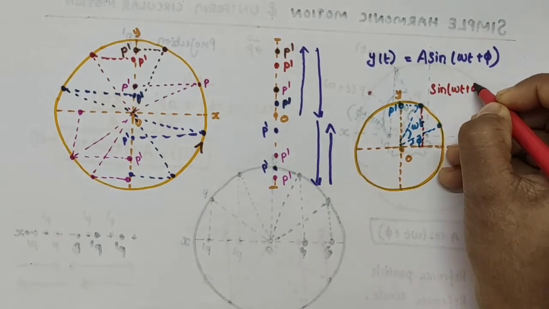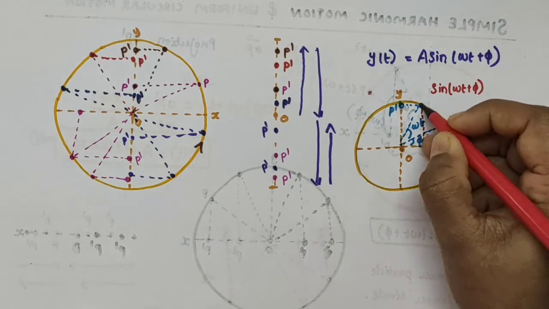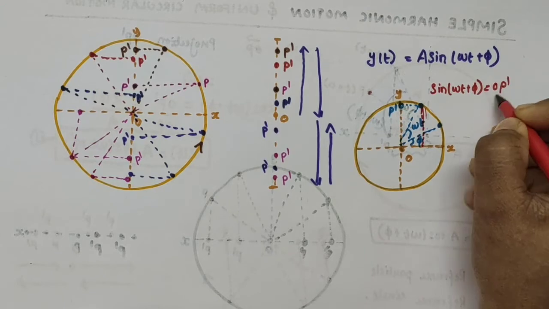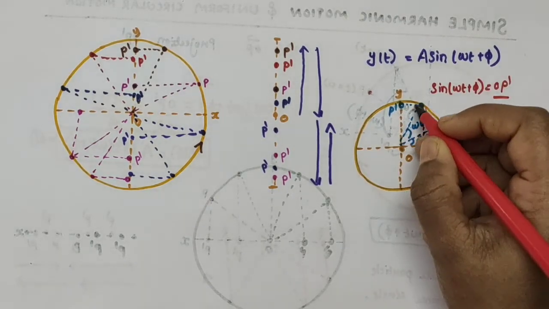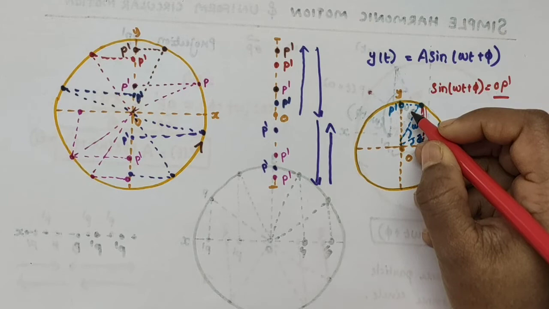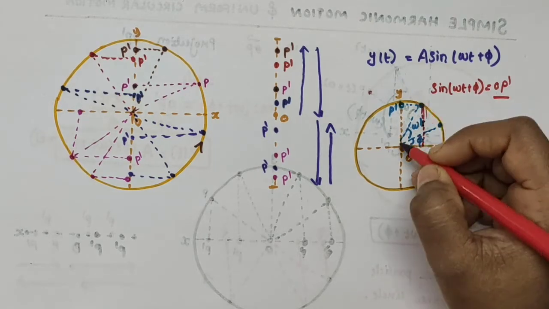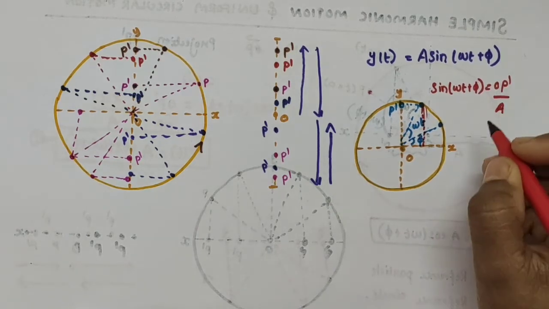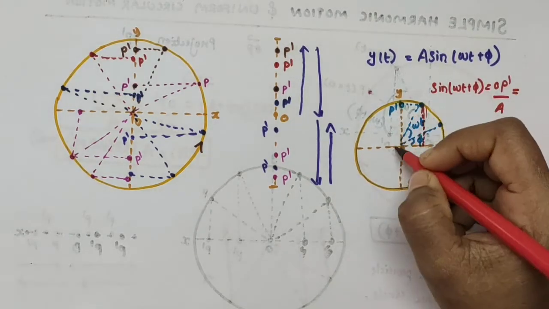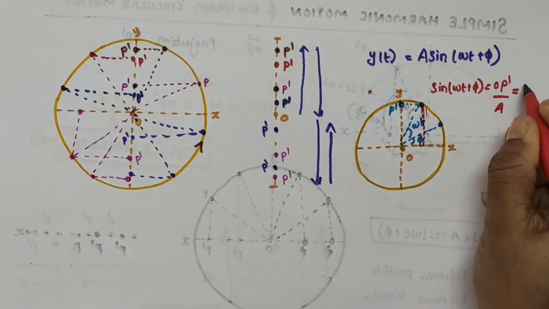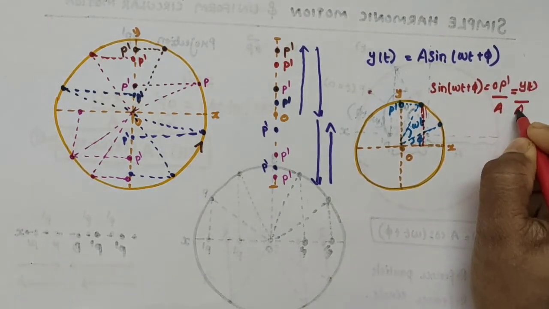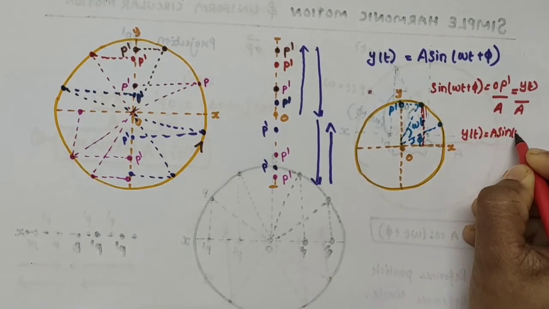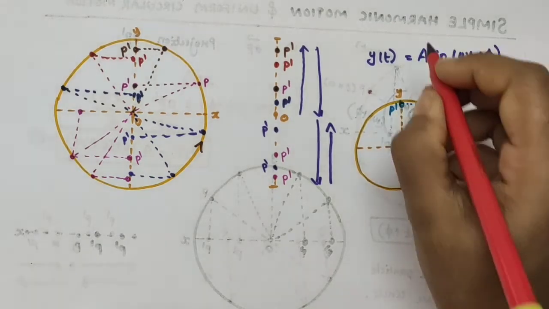So when I calculate the sine of omega t plus phi, this is equal to the opposite side, which is parallel to this OP dash, divided by the hypotenuse. The hypotenuse is the radius of the circle, so that can be taken as A. OP dash is the displacement of P dash along the y-axis, that is y of t. So sine of omega t plus phi equals y of t divided by A. From this we can write y of t is equal to A sine of omega t plus phi. This is how we got this expression.